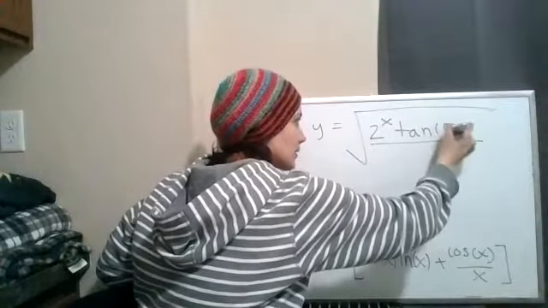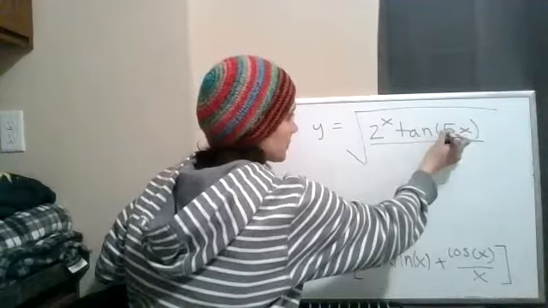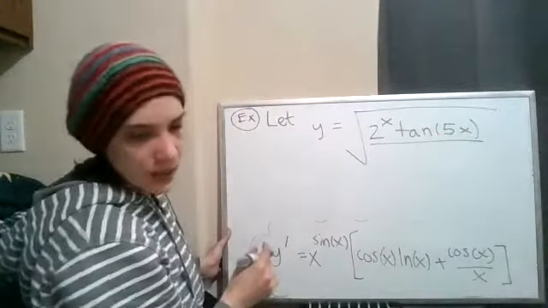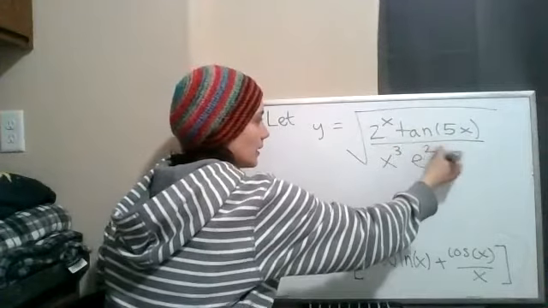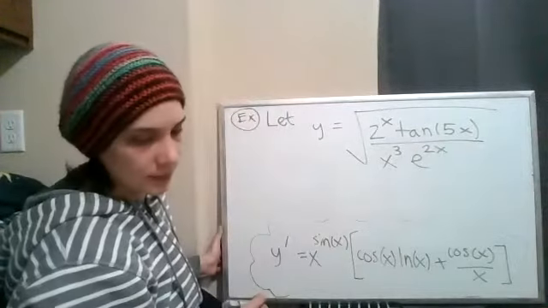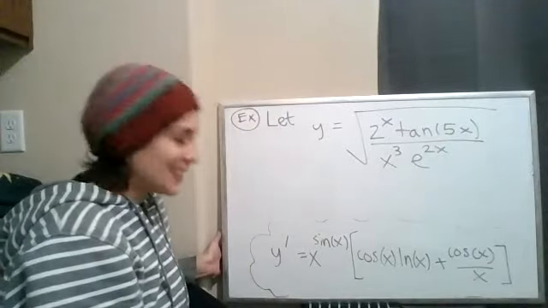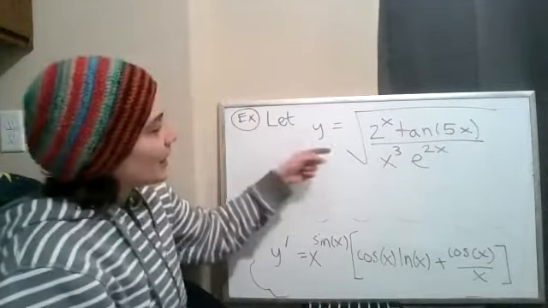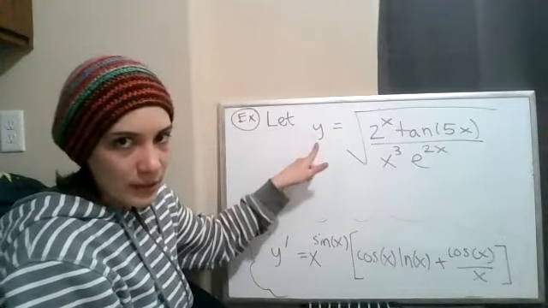Crazy. Cool. This is over x cubed e to the 2x. Okay. So I think we'll at least just rewrite y, and then next time we'll actually find the derivative.